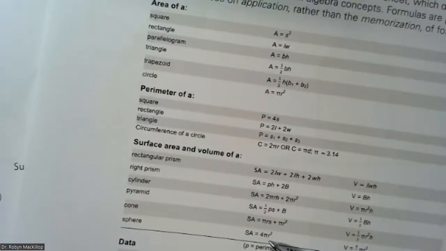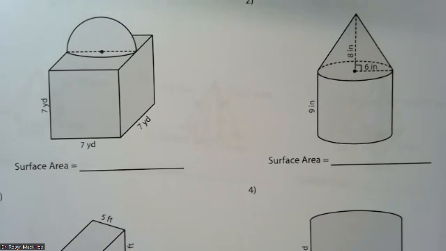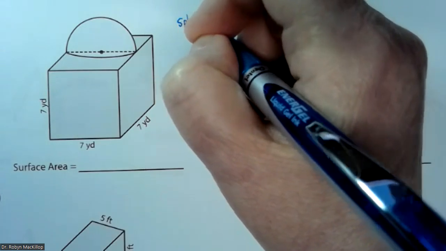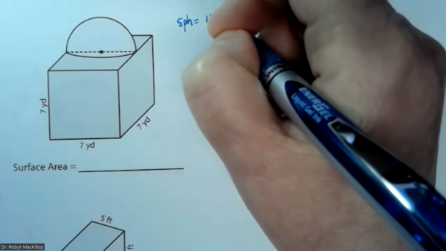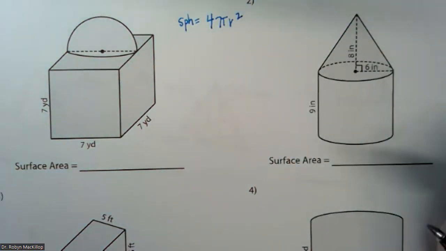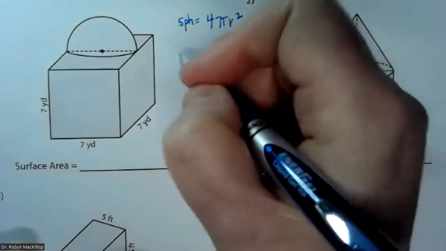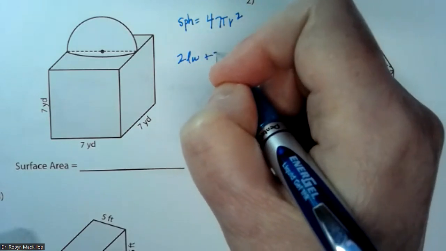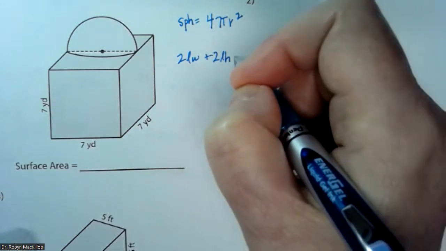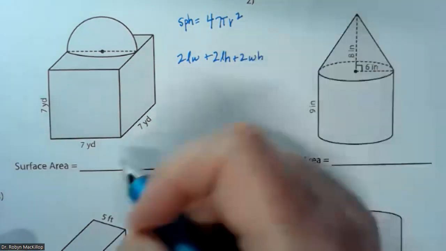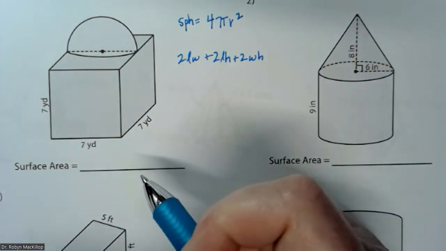All right, the surface area of a sphere is 4 times pi times r squared. And of course, the rectangular prism or the box is just 2 length times width plus 2 length times height plus 2 width times height. 7, 7, 7, it's a nice square box.